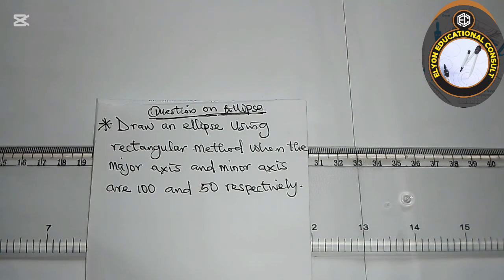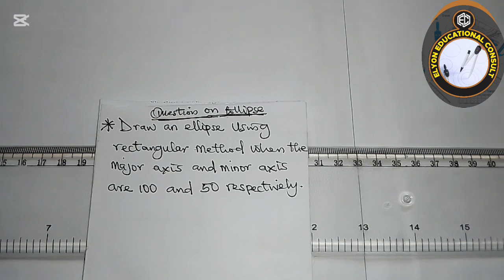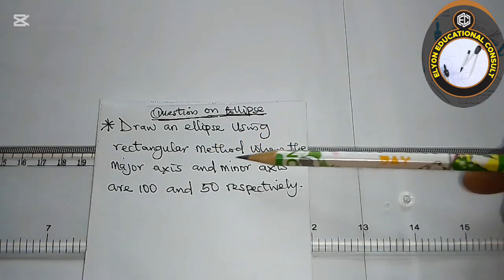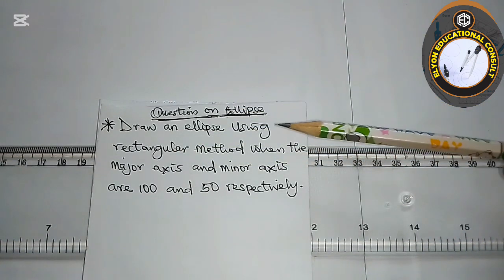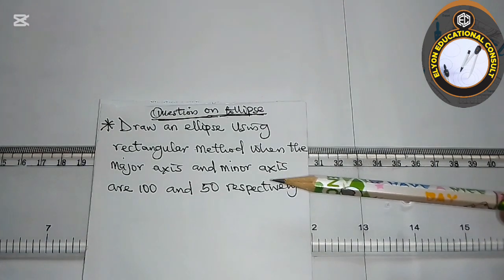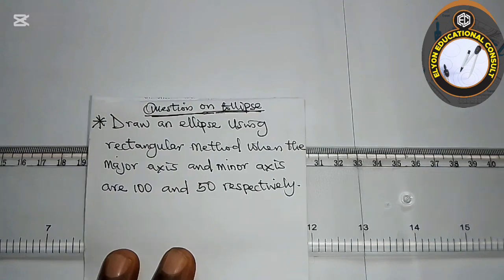But for this video I'll be drawing the ellipse using rectangular method. So of course the first thing we are going to be doing here is to draw the rectangular box.